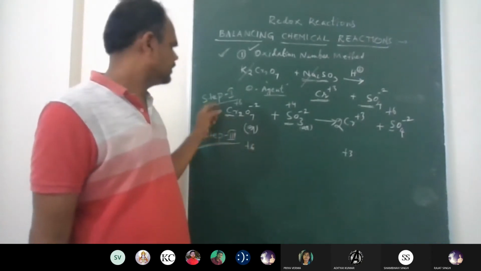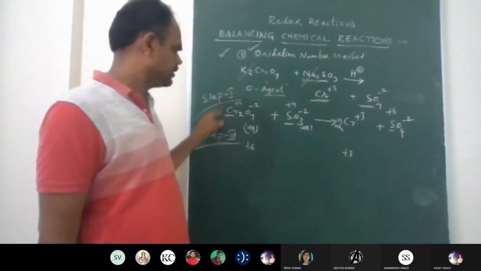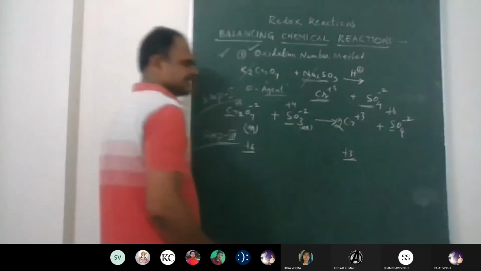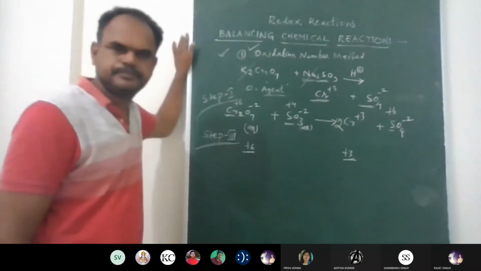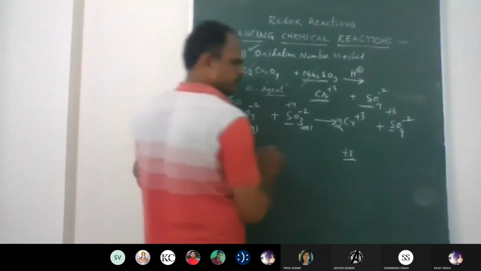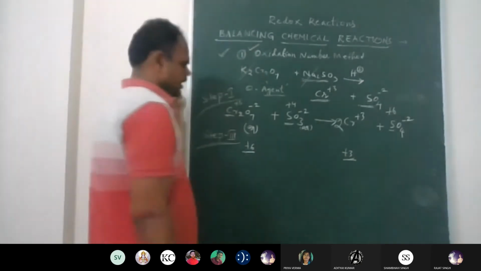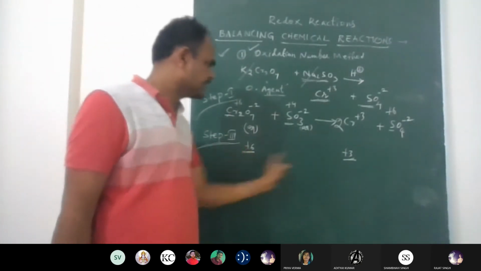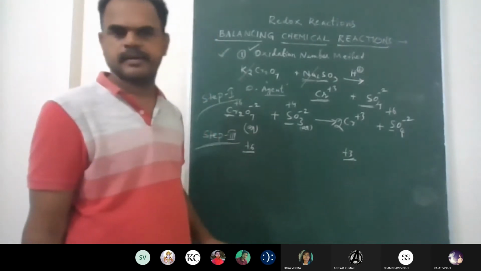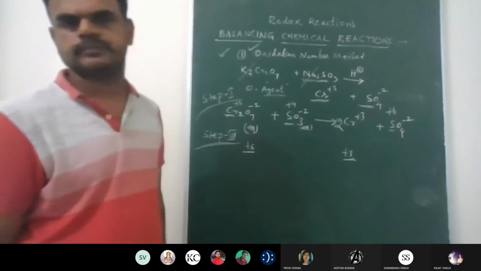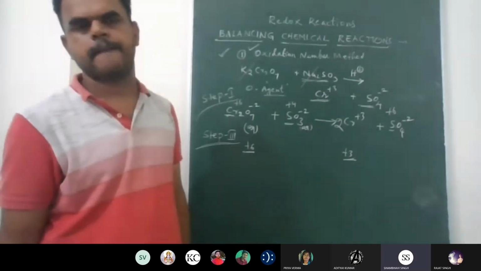So that means plus 6 is changing into plus 3, increasing or decreasing the oxidation number? The oxidation number is decreasing. So the positive number is decreasing to plus 3. Is it oxidation or reduction? Reduction.